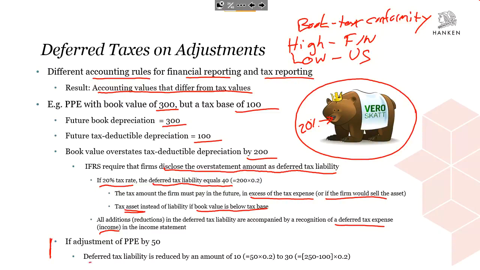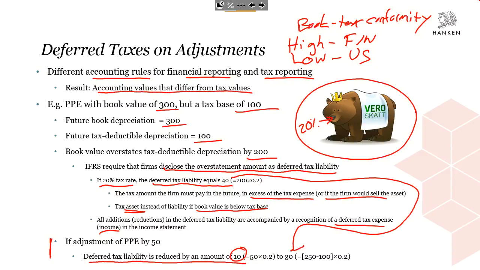The deferred tax liability will be reduced by 10. Why? We take 20% of 50 and get 10. If we remove 10 from the original 40, we get 30, and that will be the new number on the balance sheet. So this is a brief explanation of why we see this tax effect when we are doing accounting adjustments.